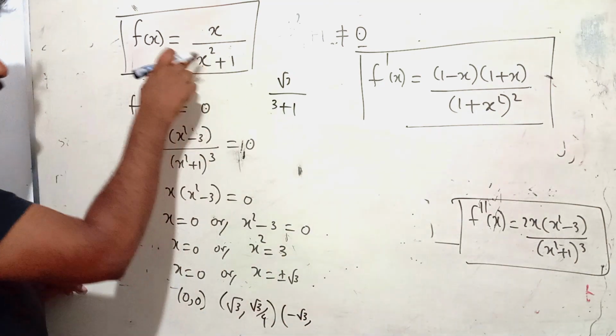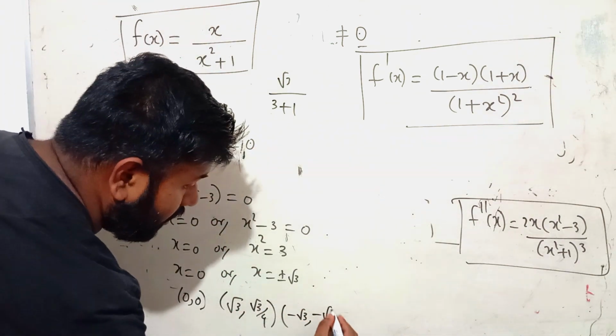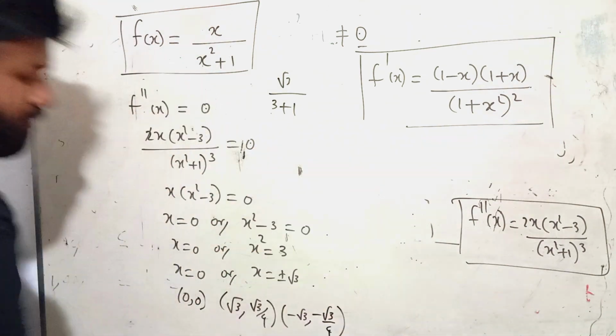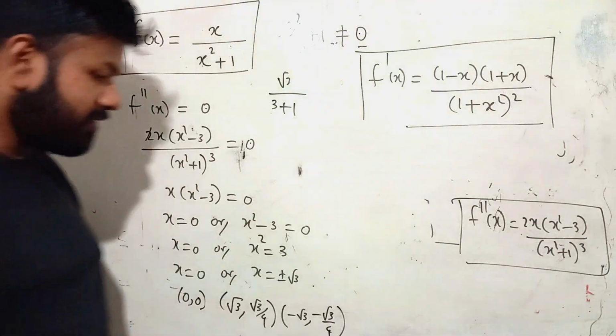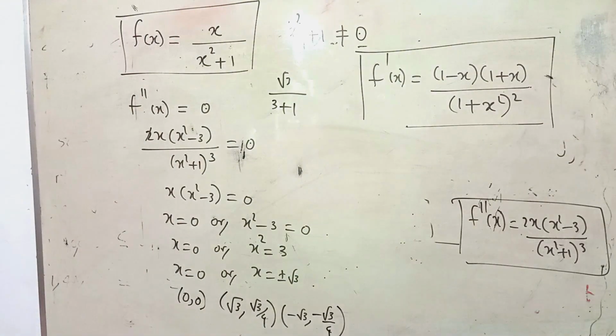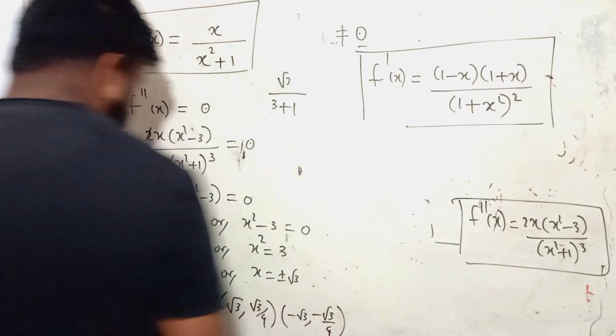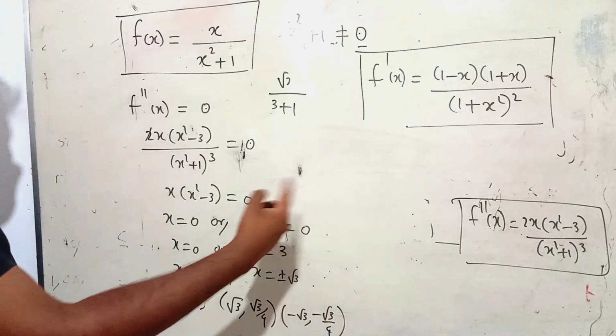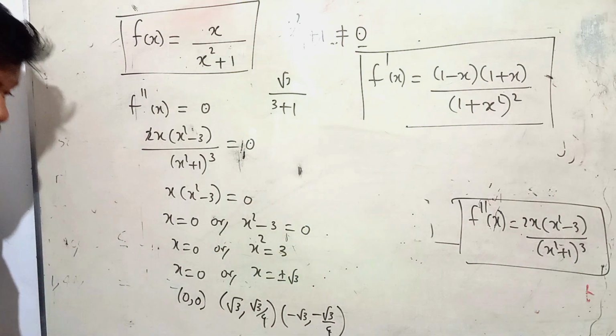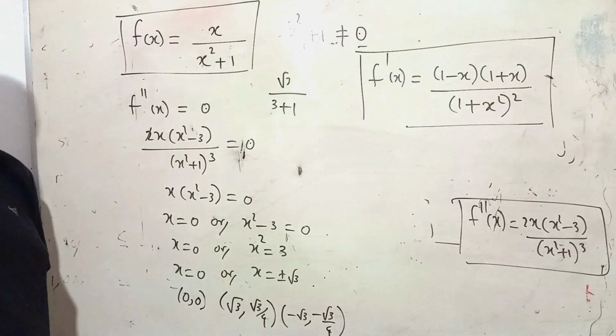If you substitute minus root 3 here, you'll be getting minus root 3 by 4. So these are the inflection points: the origin, root 3 comma root 3 by 4, and negative root 3 comma negative root 3 by 4.